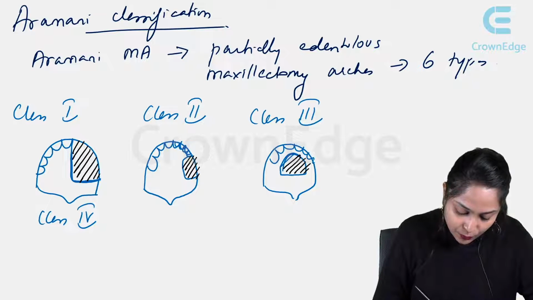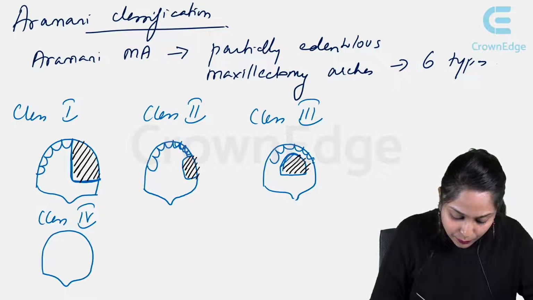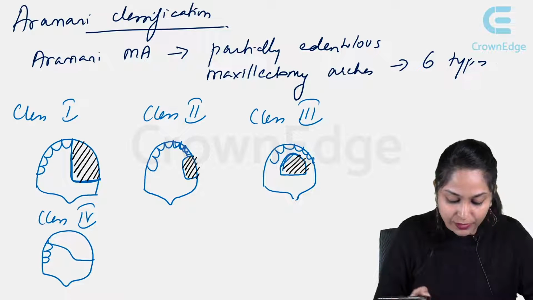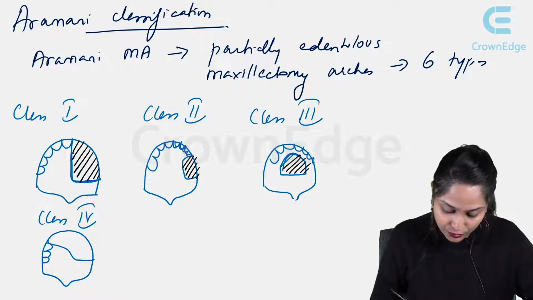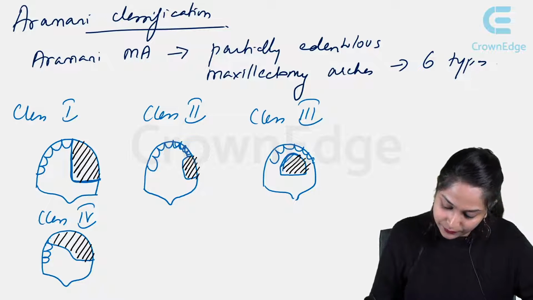Coming to class 4. Class 4 is when there is a bilateral defect with just a few teeth present on the line of the arch. That's the defect area.